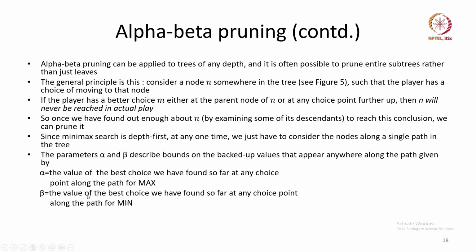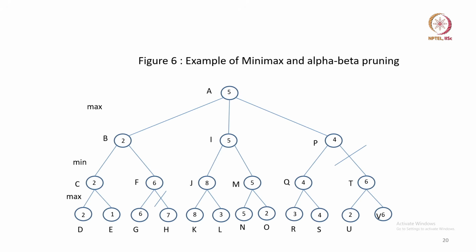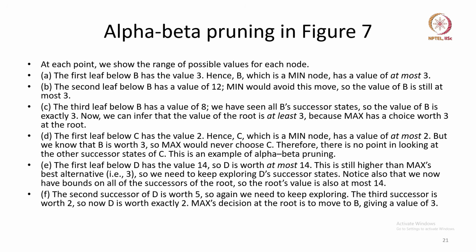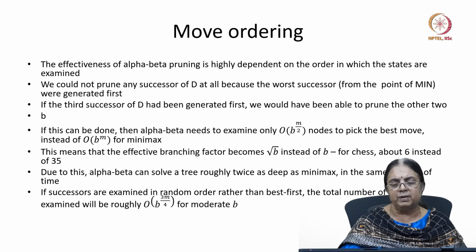Effectiveness depends on the order of the particular nodes that you have. Suppose the nodes are ordered in such a way that the best successor is the last one, then you won't be able to prune anything. The best case is if you are able to get the best successor first, then you can prune all the rest.